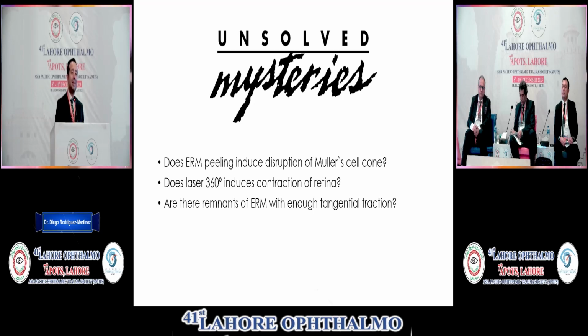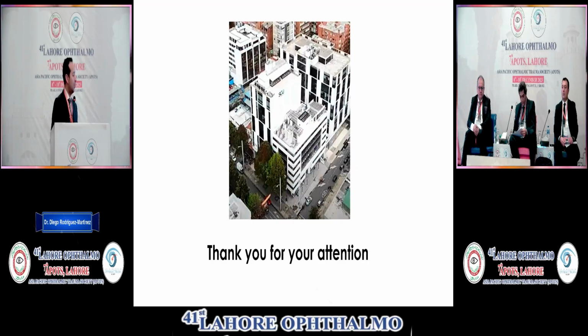Or maybe the 360 degrees induced a generalized contraction of the retina that could explain the unsatisfactory closure of the hole. Or maybe remnants of the epiretinal membrane exert enough traction to open the hole. Well, we didn't know, but there are so many theories about that. So thank you for your attention.